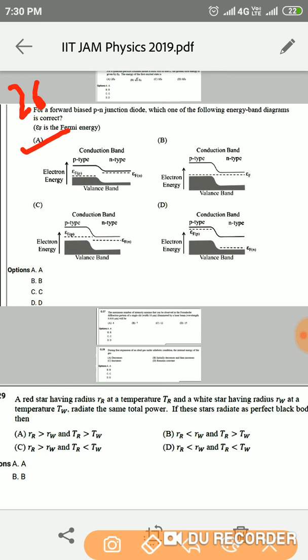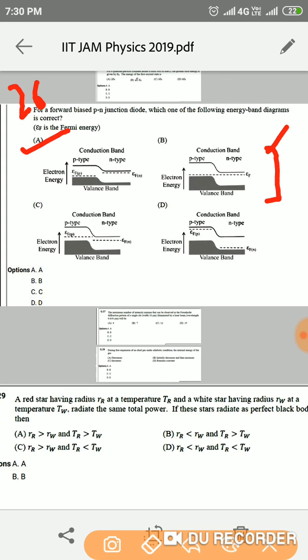We should also see what the other options depict. Option B depicts the band structure when the p-n junction is at equilibrium, since here the Fermi energy level is the same for the p side and n side of the junction. In options C and D, the Fermi energy level is depicted wrong.